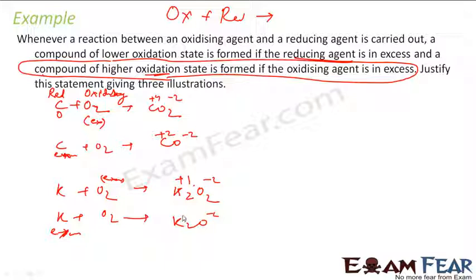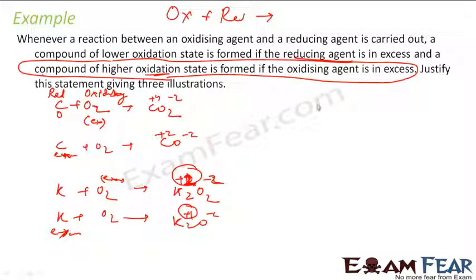It's -1 here, this becomes +1. And this is -2, this becomes +1. So if you see here also, if you put more oxidizing agent, you get higher oxidation number. You get lower oxidation number otherwise.